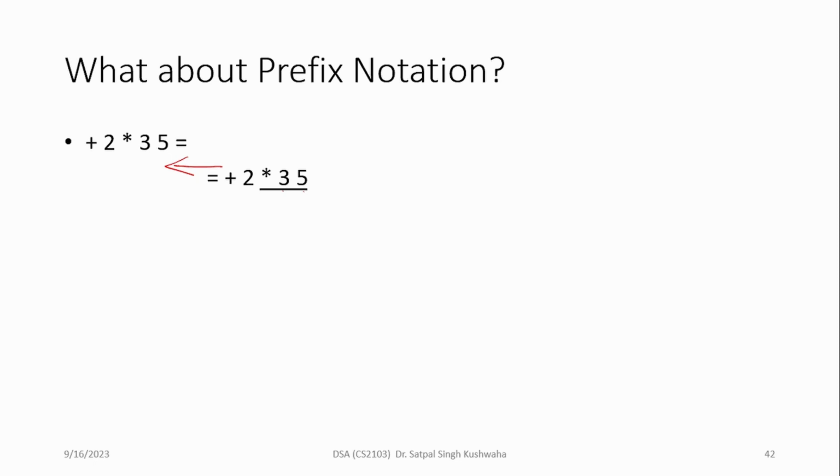The operator which comes first while scanning the expression from right to left, we just solve that. That's very simple. Multiplying 3 into 5 gives 15. Now this becomes a single operand. So now we have the expression plus 2 15, and the result is 2 plus 15, that is 17.